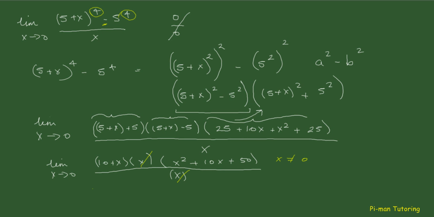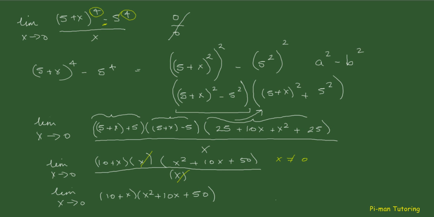And we're left with the limit as x tends to 0 of (10 plus x) times (x squared plus 10x plus 50).